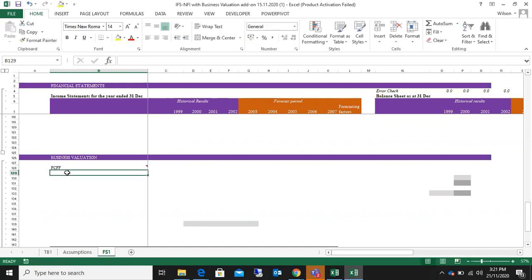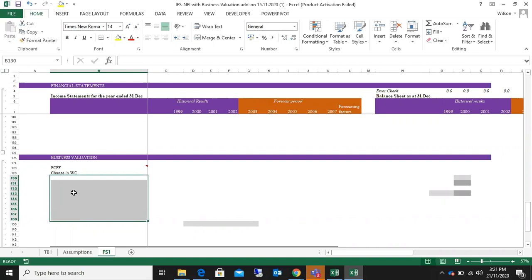All right, so the first thing we're going to do is to find our change in working capital. Now, when you are dealing with your change in working capital, your change in working capital is going to, of course, be all the changes in working capital except, I'll repeat, all the change in working capital except for cash and short-term debt.